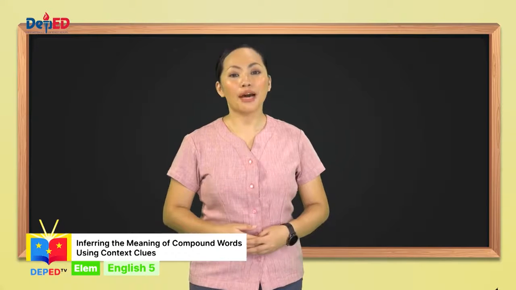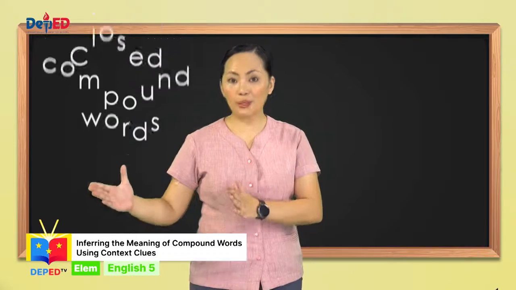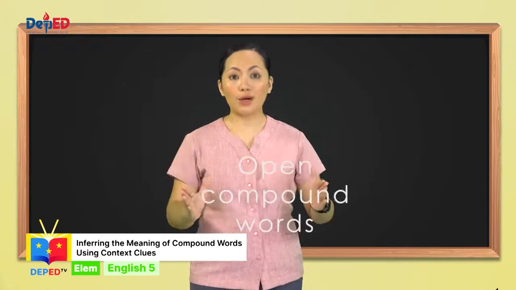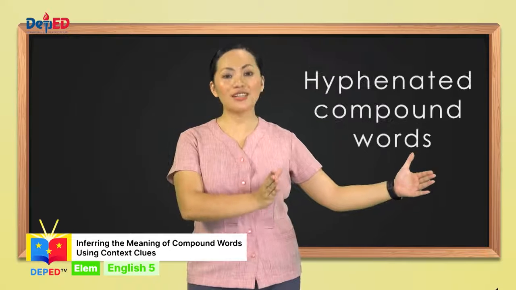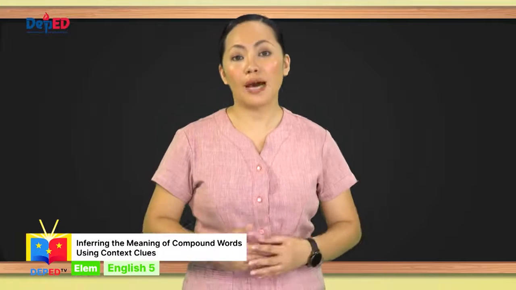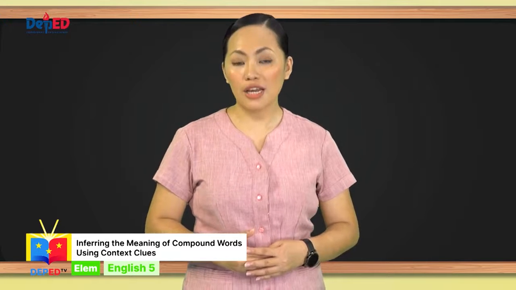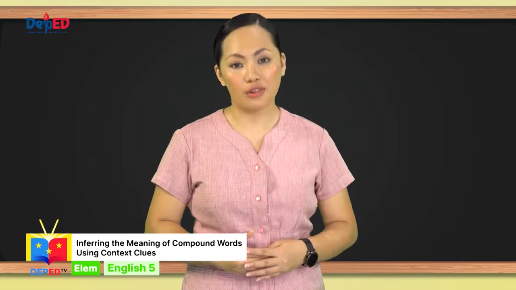Again, compound words have 3 types, and these are closed compound words, open compound words, and hyphenated compound words. How is each type of compound word written? I would like you to do activity number 3 on page 8 of your self-learning module.